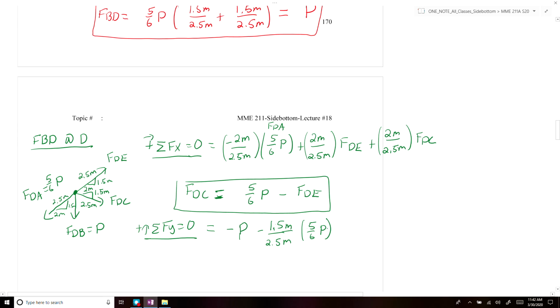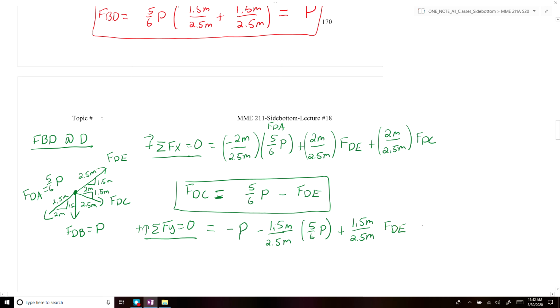And then for the y components of FDE and FDC, for FDE we would get plus 1.5 meters over 2.5 meters times FDE.